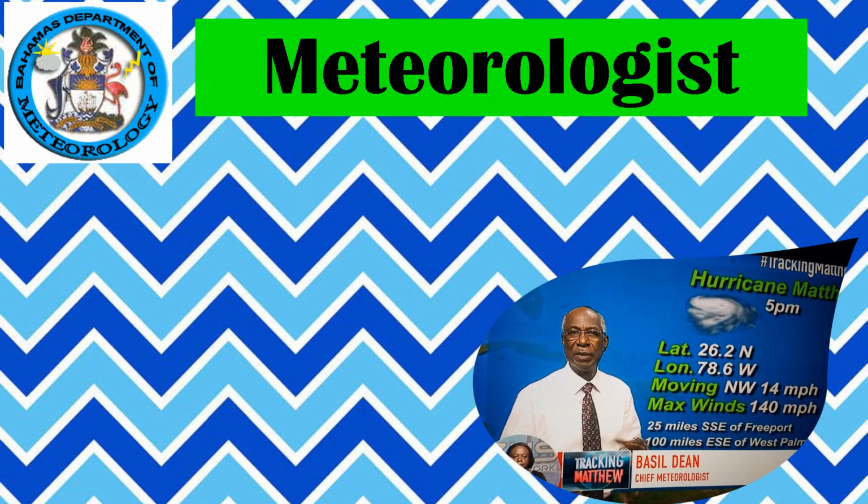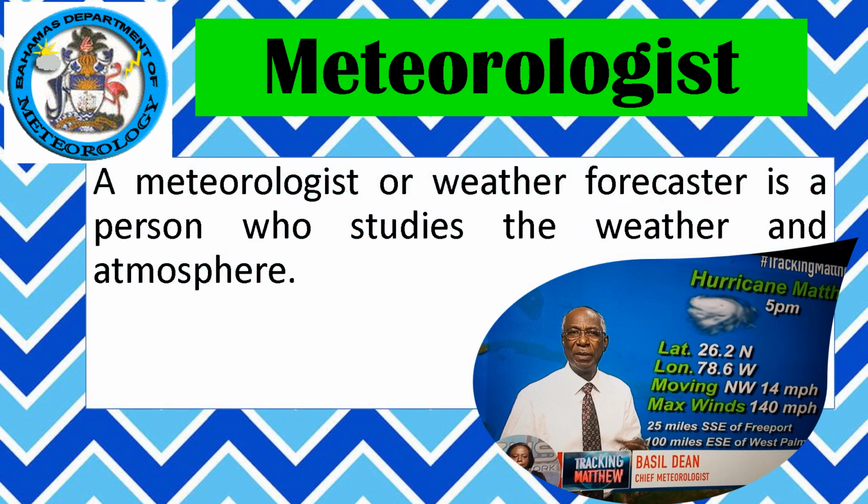Students, do you know what the word meteorologist means? I'll give you a clue. Chief Meteorologist Basil Dean. You're right. A meteorologist or weather forecaster is a person who studies the weather and atmosphere.